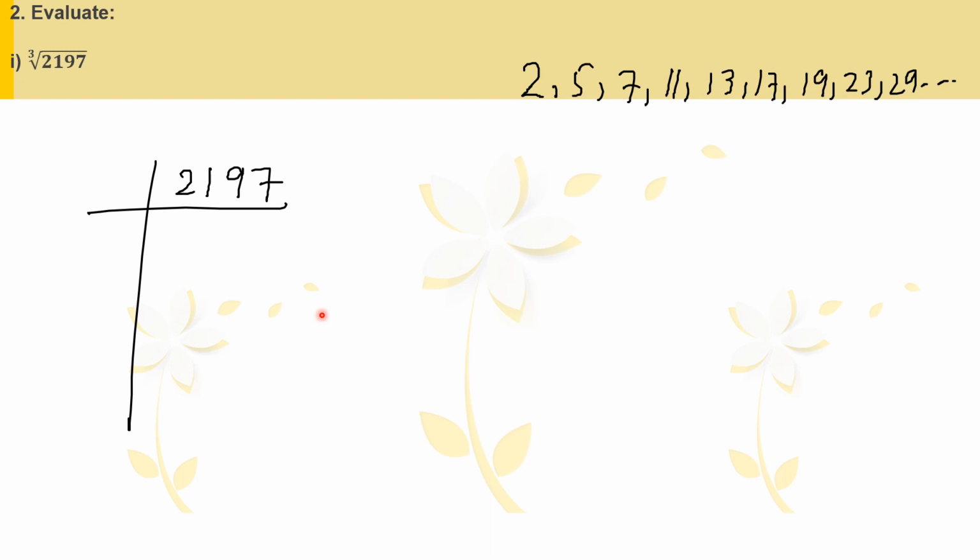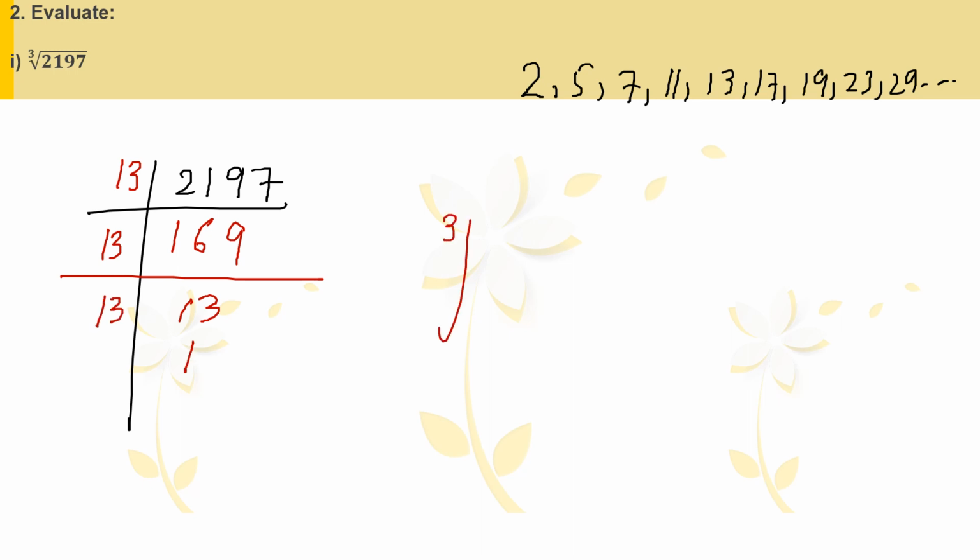So let's do it with 13. 13 multiplied by 1 is 13, and 13 multiplied by 6 is 78, and then you get 117, and 13 multiplied by 9 is 117, right? 13 multiplied by 13 is 169, 13 multiplied by 1 is 13.